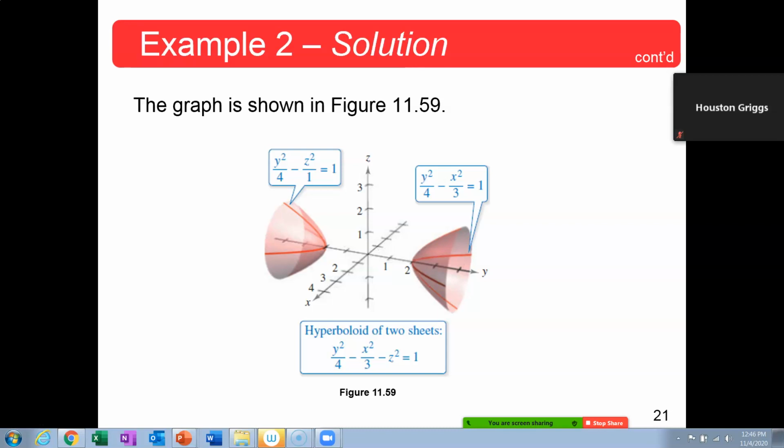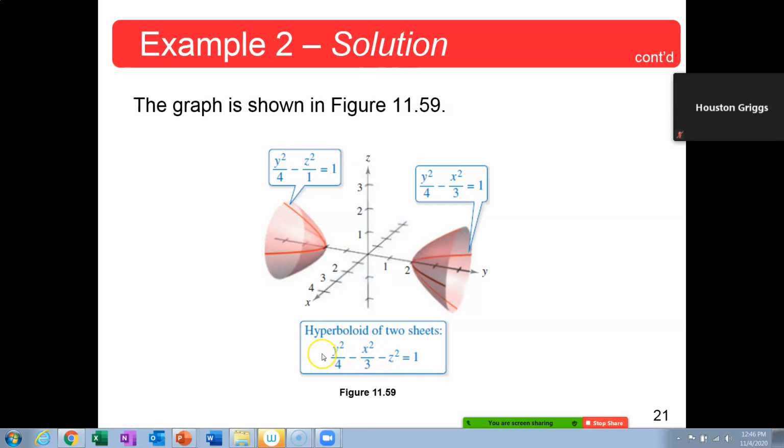Now, the number of positive signs lets you know whether it's a sphere or ellipsoid. If all three of these signs were positive, and the denominators were all the same, you have a sphere. If the denominators were not all the same and all signs were positive, you have an ellipsoid.